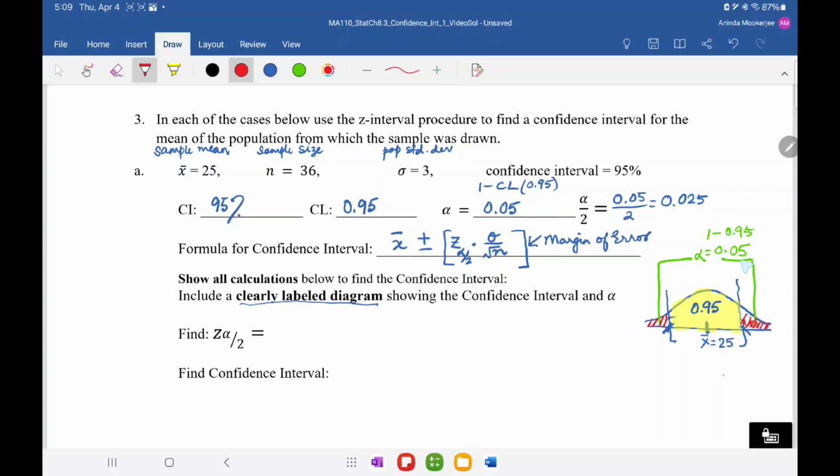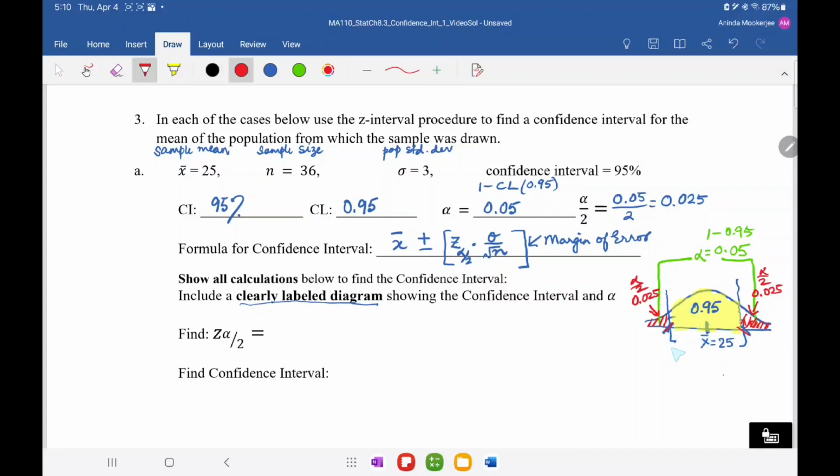You take your 0.05 divided by 2, and 0.025 is the area on each side. 0.025 on the right hand side and 0.025 on the left hand side, and it's alpha by 2. So this is a clearly labeled diagram that we have now. And these are going to be the end points.